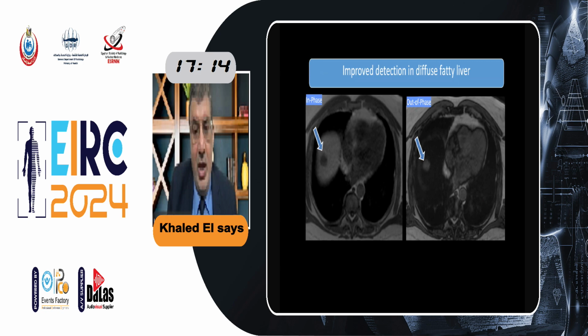So you may not be able to detect liver metastases. But in MRI, you have the opposite. MRI even improves the detection.